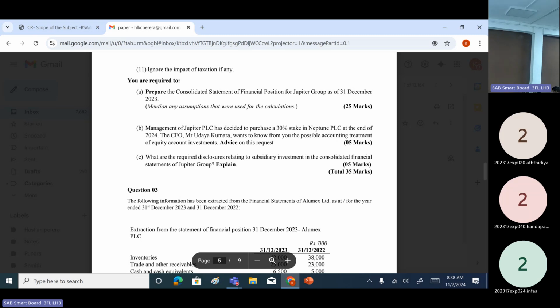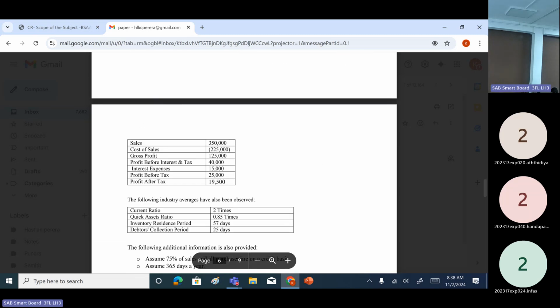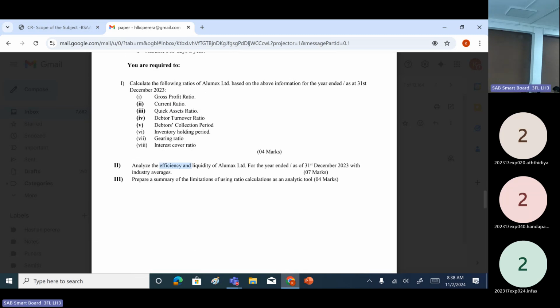So then you need to discuss the related accounting treatment, and what are the required disclosures related to subsidiary investment in the consolidated financial statement of Jupiter Group. So there are different questions, and then here we have kind of a financial ratio analysis question that may be pretty straightforward, but it will take some time because you have to analyze and you need to write a report, right?